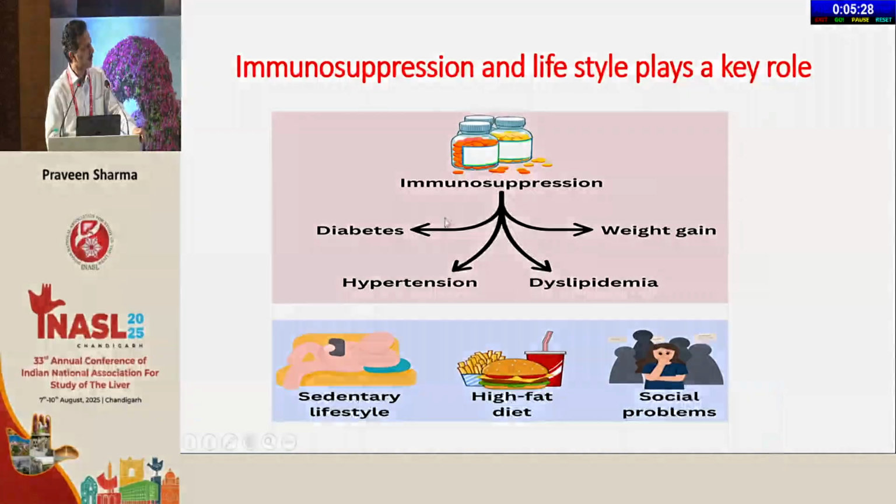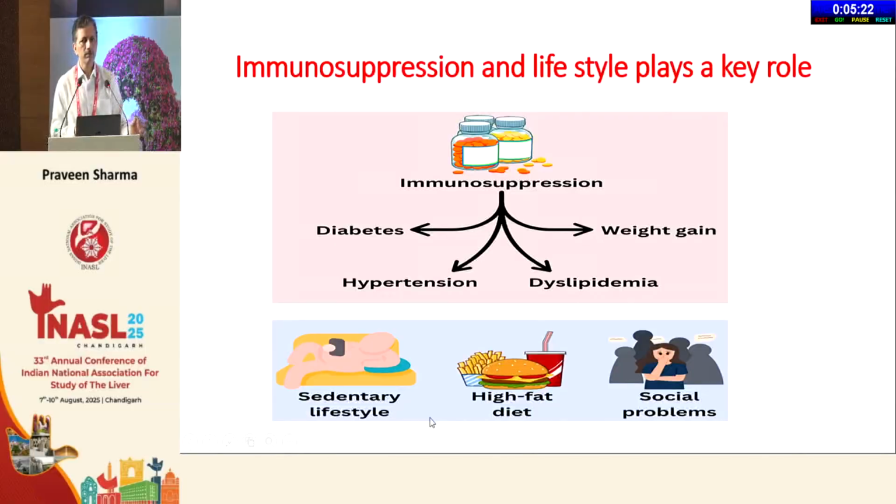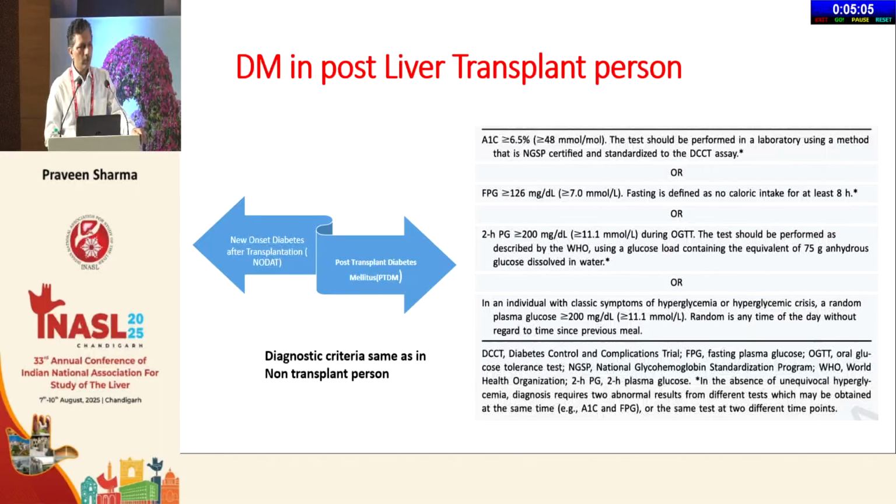We should know which drugs cause more diabetes, hypertension, and dyslipidemia, and we try to correct the sedentary lifestyle and some social problems. Many people stay at home because they think that post-transplant they need to stay in one particular place so that they will not get any infection. So we need to target all these points.